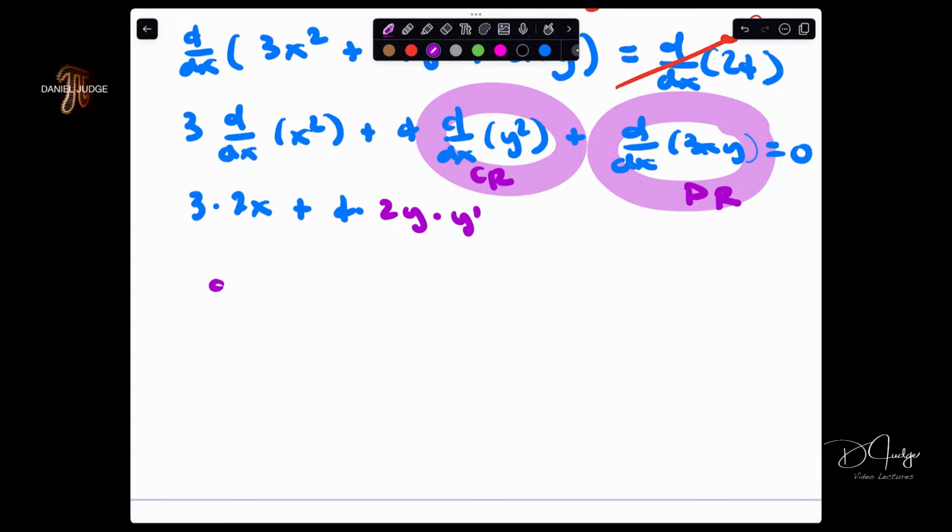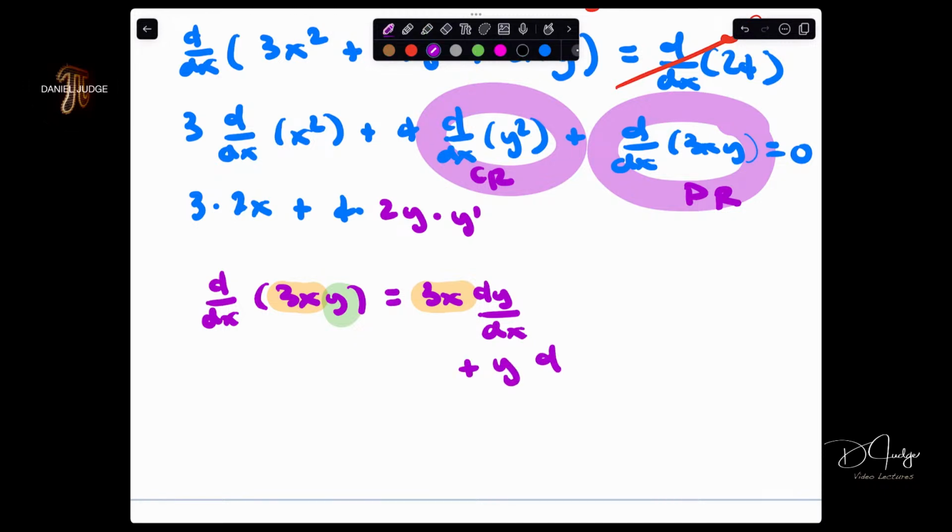All right, so let me do some detail. We're going to pull out the first part of the function. This is why I say product rule. We're going to pull out 3x. We're going to differentiate the second part, which is just dy dx. You can look at it this way, second function. So this will be plus, pull out your y. Now differentiate the 3x.